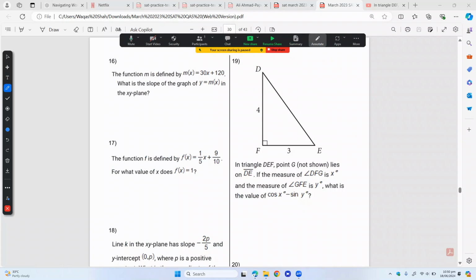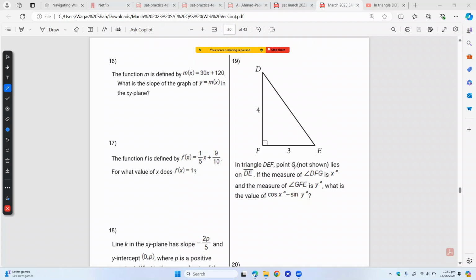Okay, students, in question 19, we have a triangle DEF, and it says that in this triangle DEF, point G, not known, lies on DE. So we can take this point and give it the name G, right?